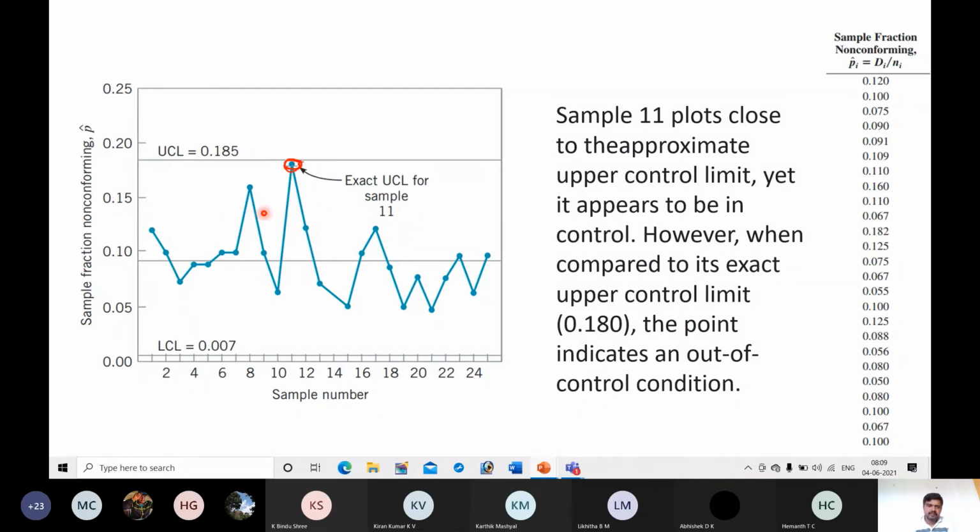So initially it looks like it is in control, but since it appears near the upper control limit, if you evaluate further using the exact control limit, it is falling above. That means it is an out of control point.